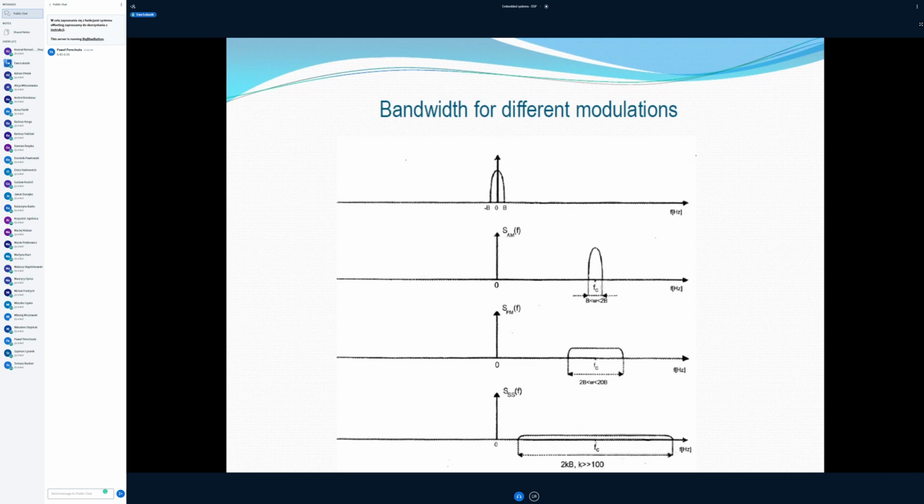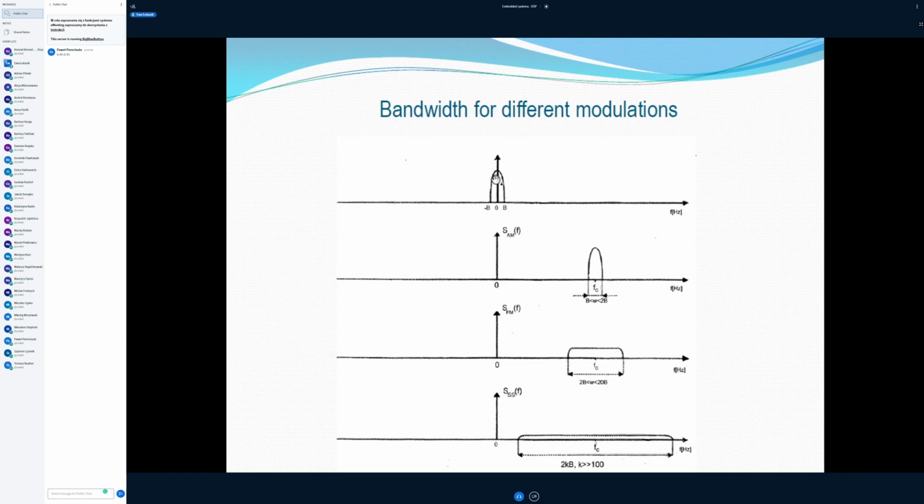But there are systems where we use a very, very wide bandwidth for transmission. And you have the comparison here. Maybe it's a very good example to order your information.